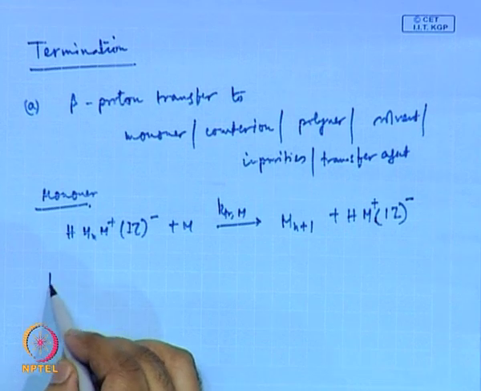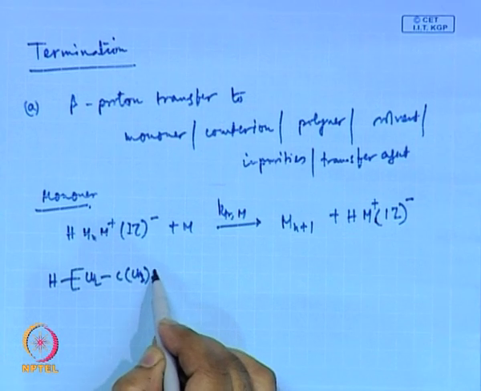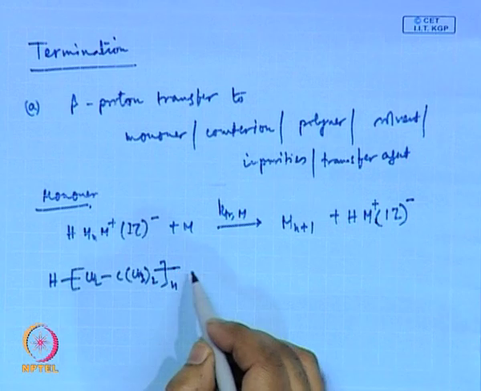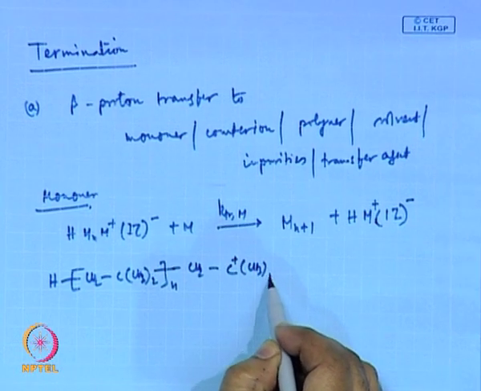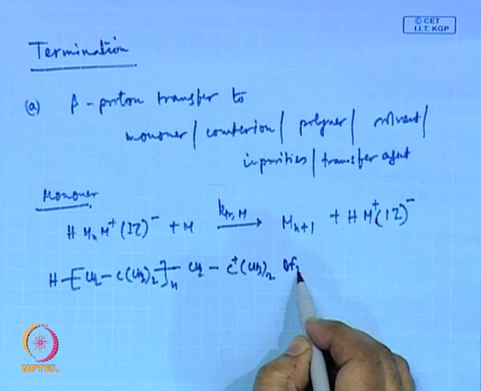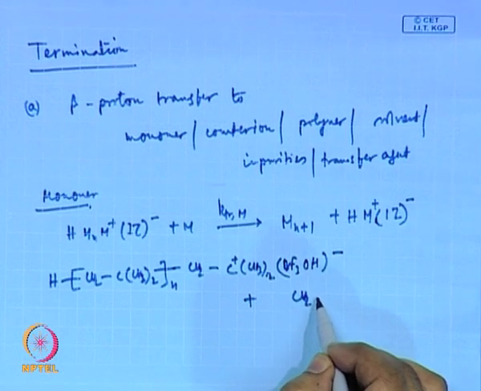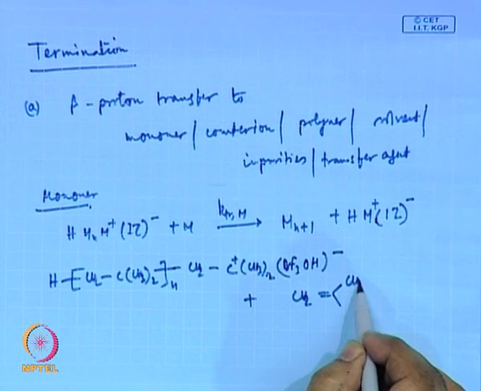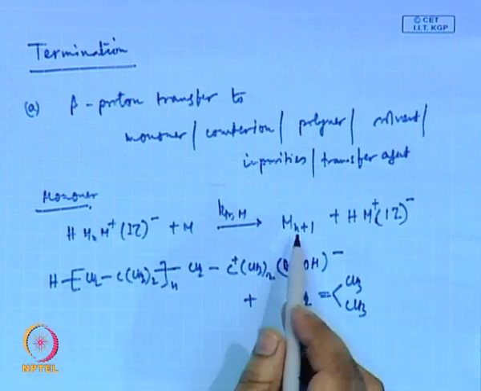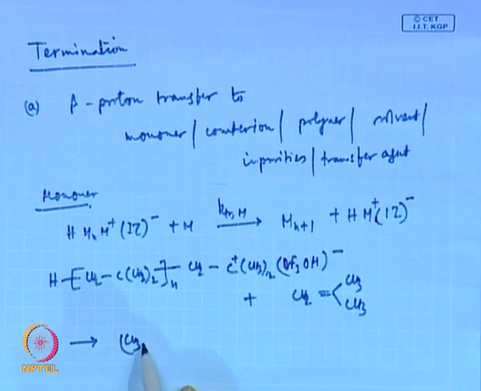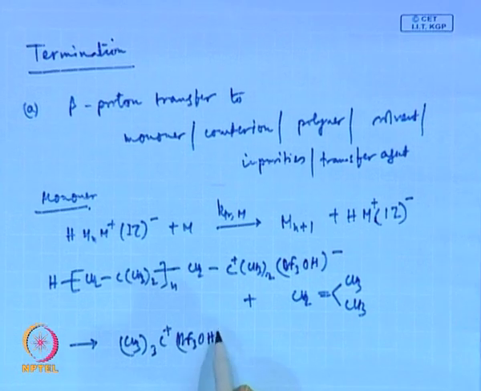If we consider the same example of isobutylene polymerization by BF3 and H2O, this can transfer a beta proton to the monomer and can form this.